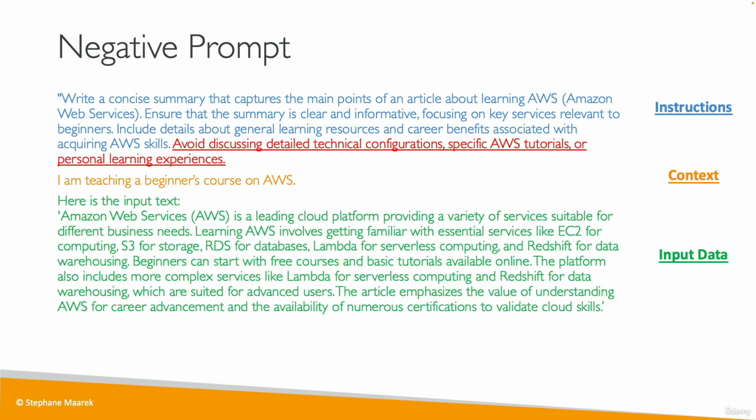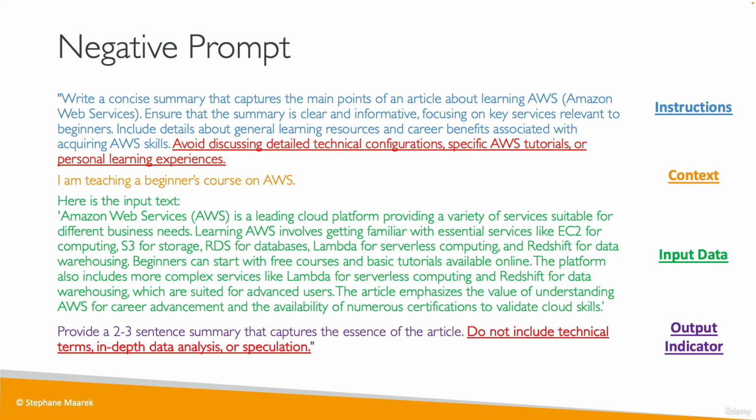The context will stay the same, the input data will stay the same, and for the output indicator, I'm going to say do not include technical terms, in-depth data analysis, or speculation. I'm not going to show you the output of this because there's no point, but as you can see, by adding negative prompting, we are even more clear about what we want and what we don't want in an output from an LLM.